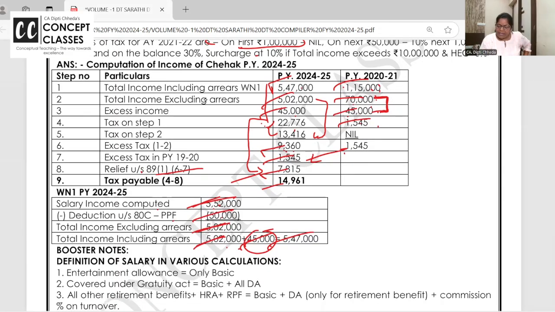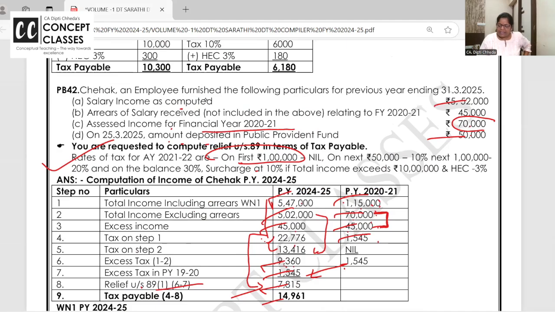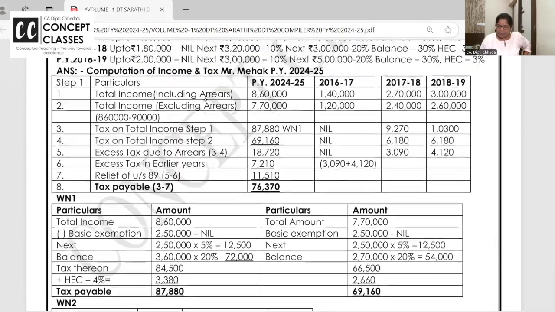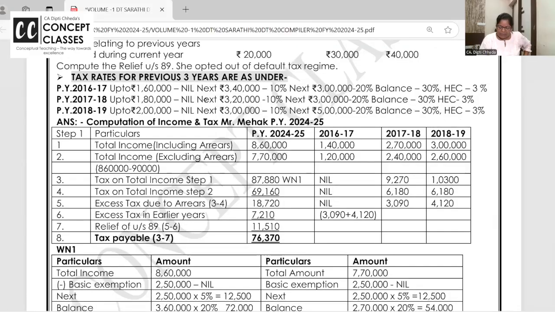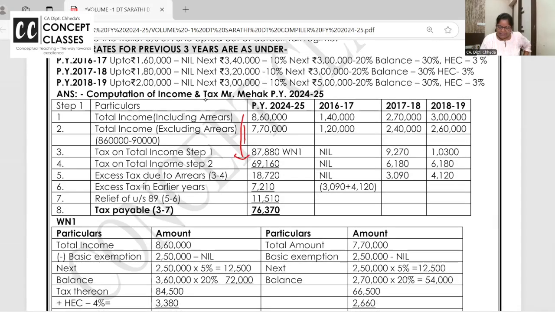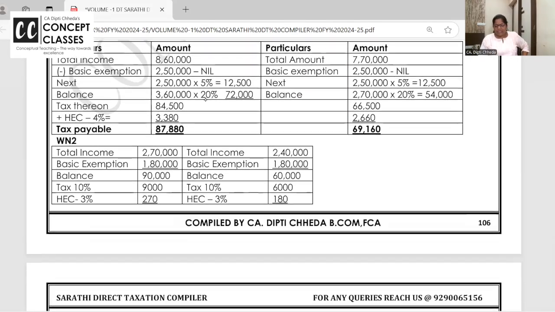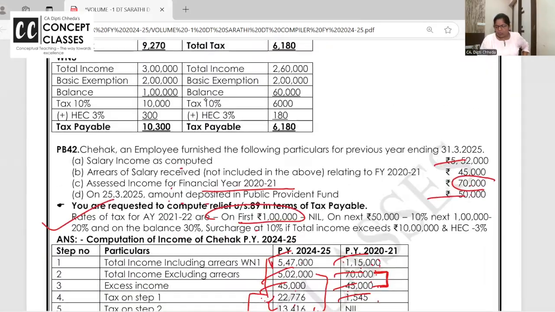I'm repeating, if this was taxable there like that, here also you see. Tax on 860 is this, 760 is this. How much extra tax am I paying? Because of all the arrears, here 3 years of arrears are there. If they would have been received at that time, I would have paid this extra tax. I'm ready to pay that. But I want a relief. But relief should be from the first one.